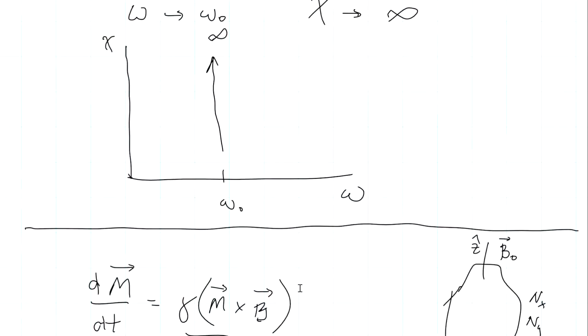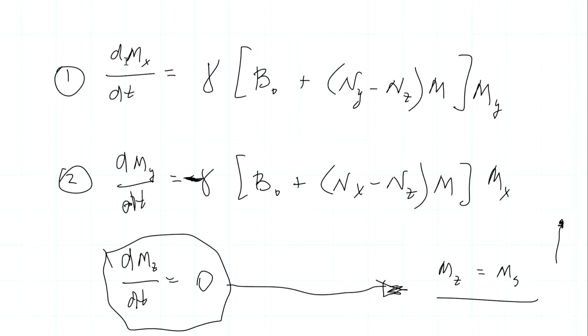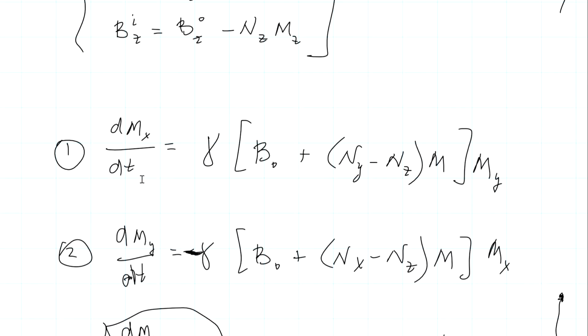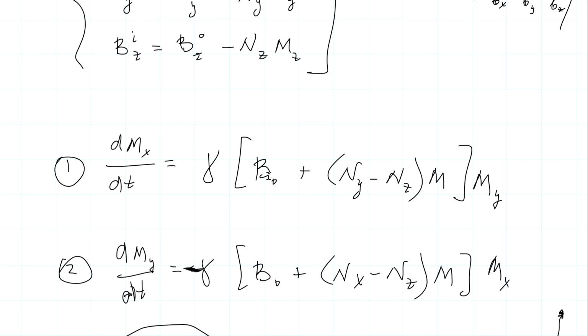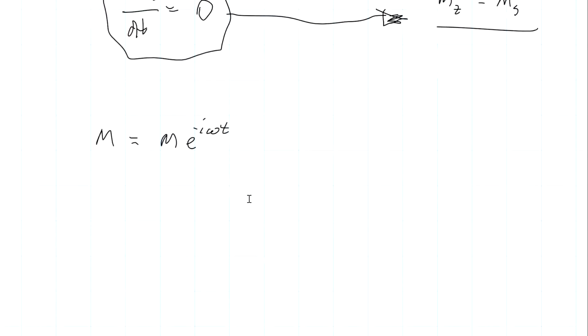So the same can be done with these two equations, except that we have B naught, which is a constant field. So notice there is no oscillating portion.